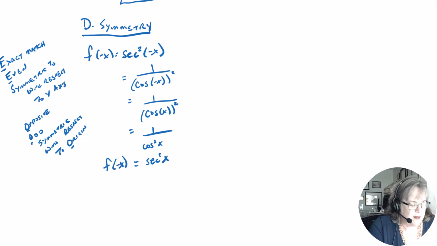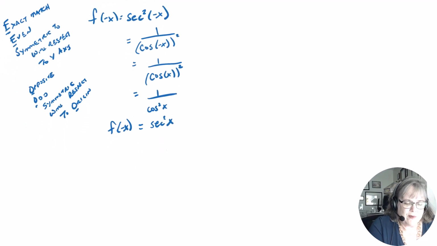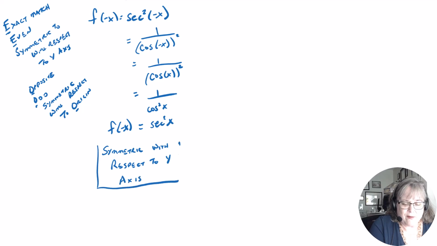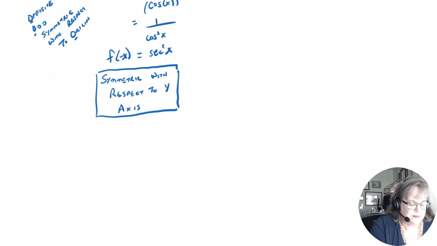So it's an exact match to the original, so it's even, so it's symmetric with respect to the y-axis. Now we're staying to the left of the y-axis, but it's important to know.